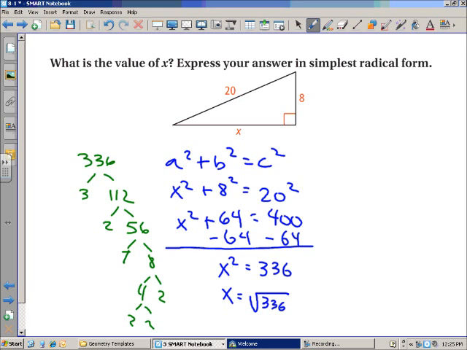All right, so I have some pairs. I have this 2 and 2, and this 2 and 2. And so this simplifies to be 2 times 2, the square root of what's left, 3 times 7. And so I get 4 root 21.